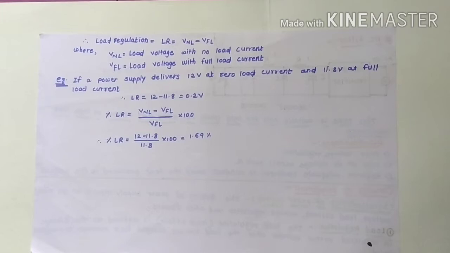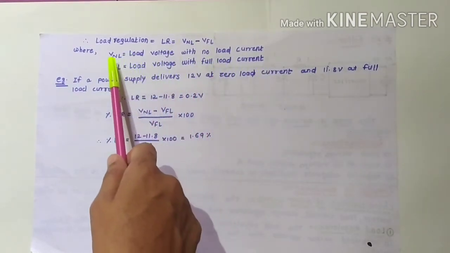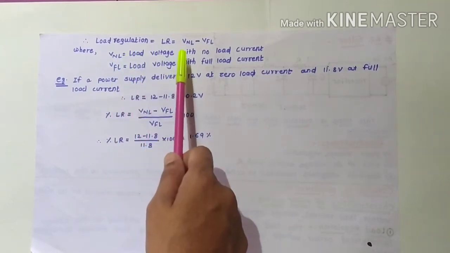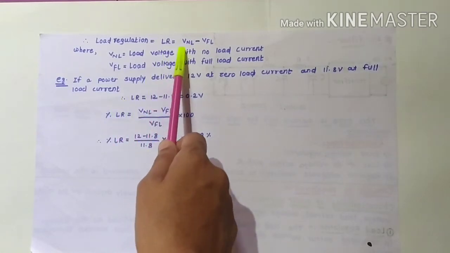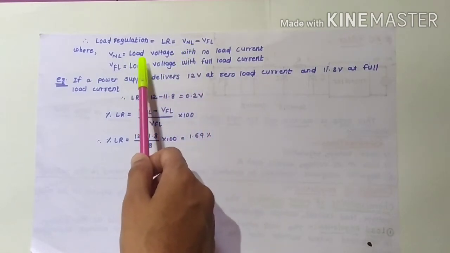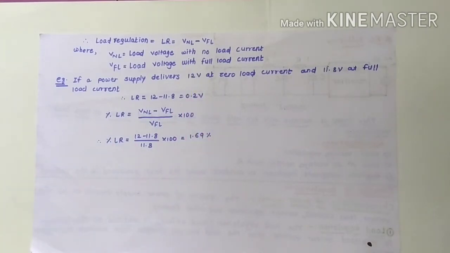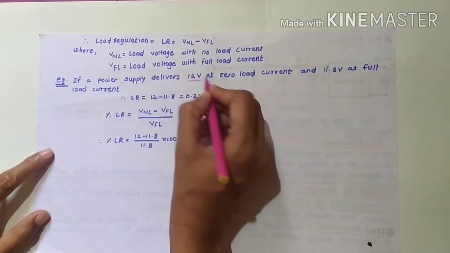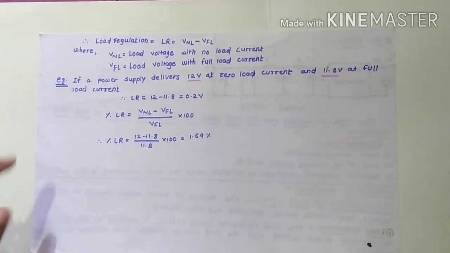If the load resistance is connected, that is called the load voltage with full load, and if the load resistance is not connected, it is the load voltage with no load current. Now let us use this formula by putting in the values. VNL, the load voltage with no load current, is given as 12 volt, and VFL is 11.8.